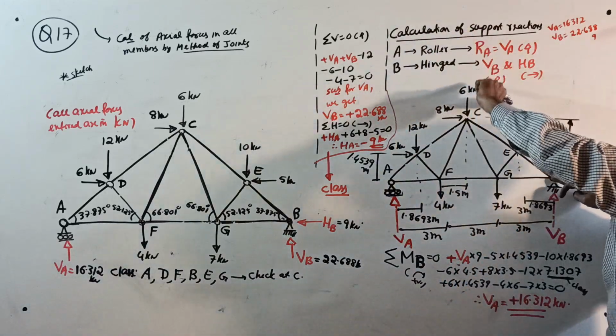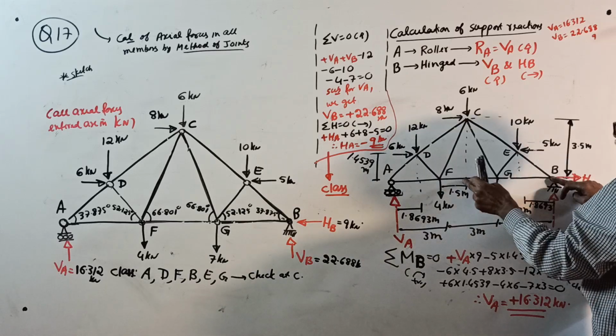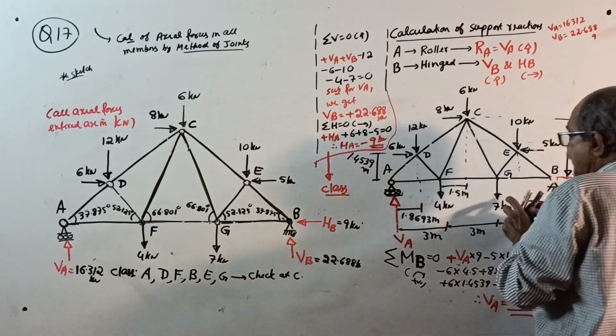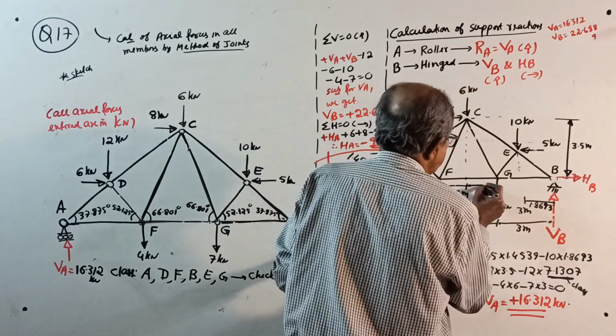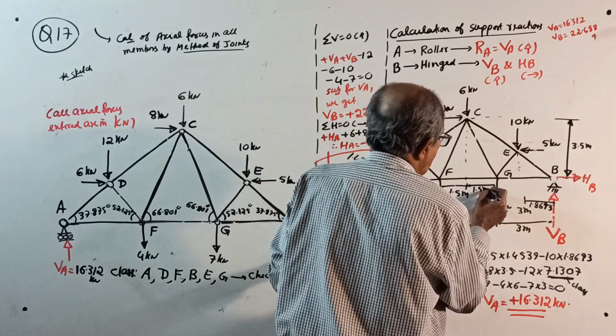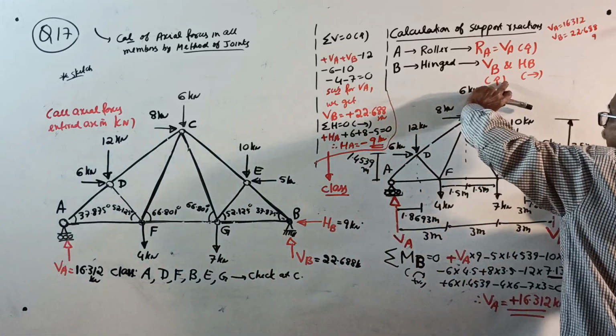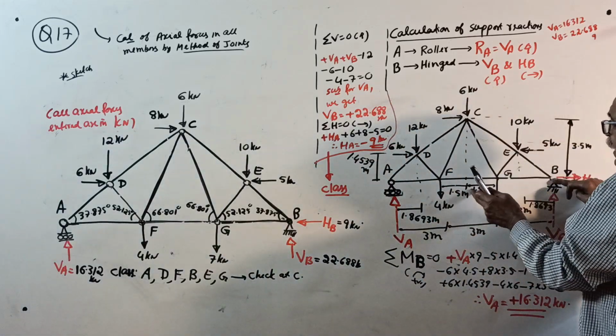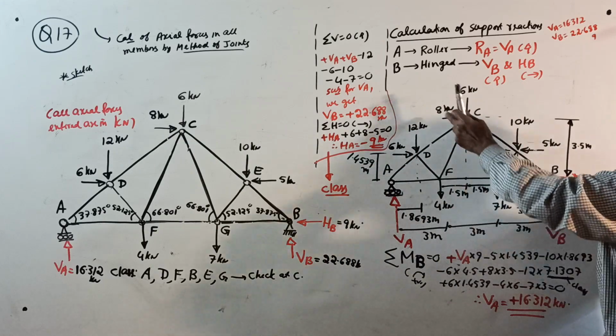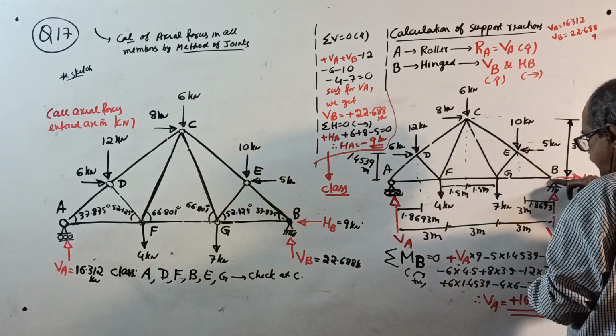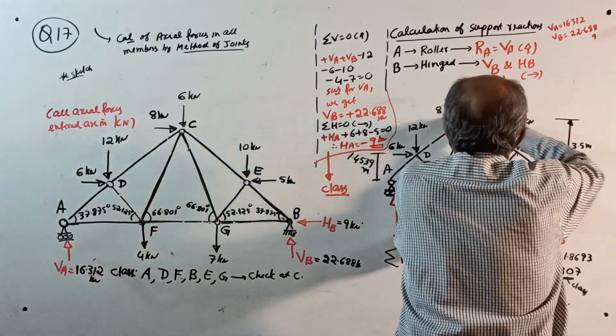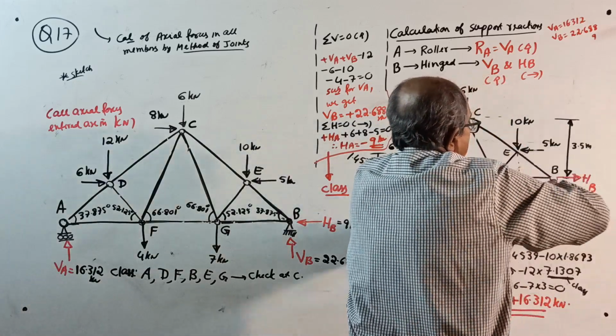Anti-clockwise, 10 into this distance, 1.8693. Minus 6 into, from here to here is what? 3 plus these two are 1.5 each. See, you know it, both are 1.5. So, here, minus 6 into 3 plus 1.5 is 4.5. Then, see, moment here. 8 into 3.5, clockwise.